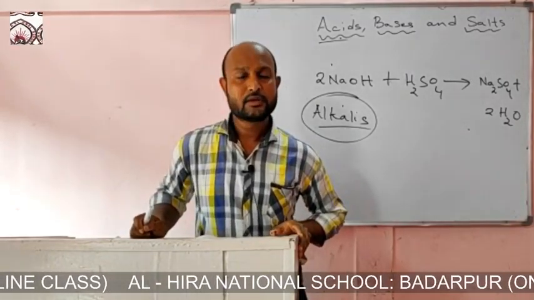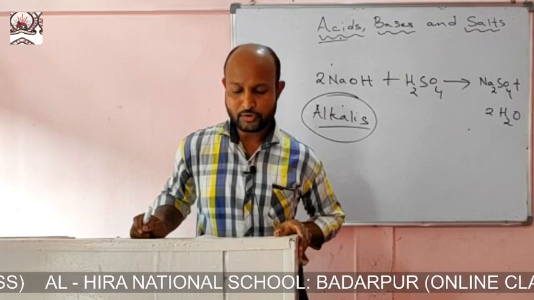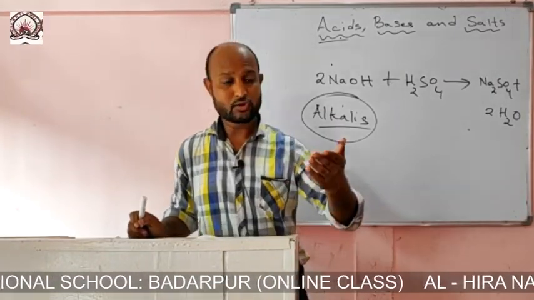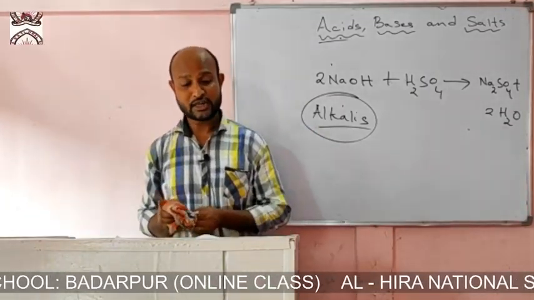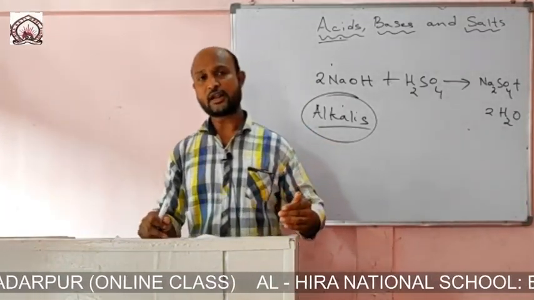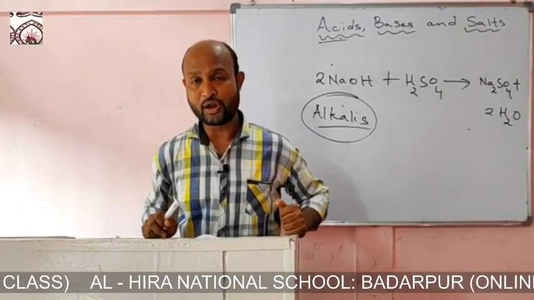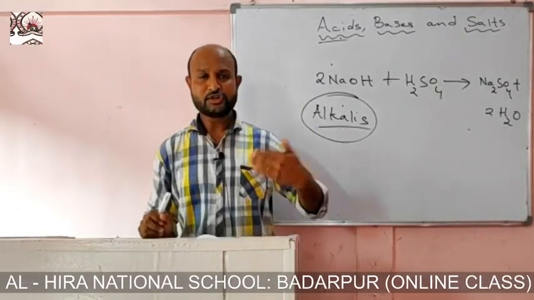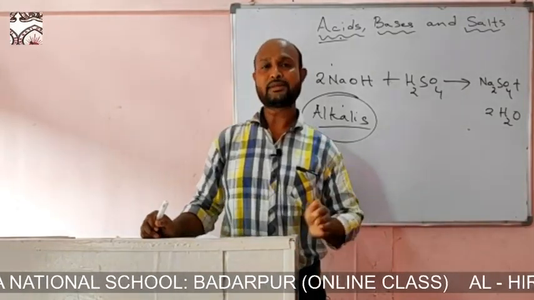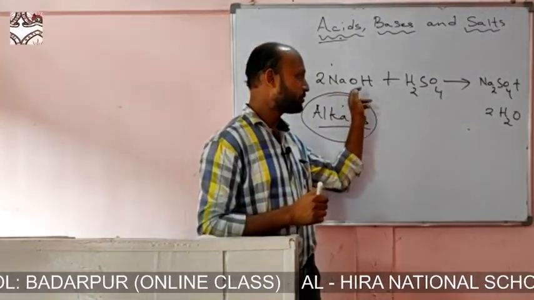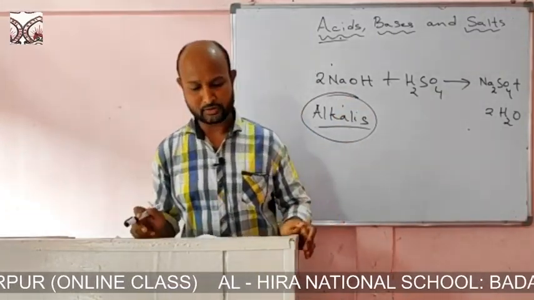Sodium hydroxide and potassium hydroxide are sometimes also considered caustic alkalis. Why are they called caustic alkalis? Because they sometimes cause burns on our skin. So in short, remember that soluble bases are always called alkalis. Examples are sodium hydroxide and potassium hydroxide.